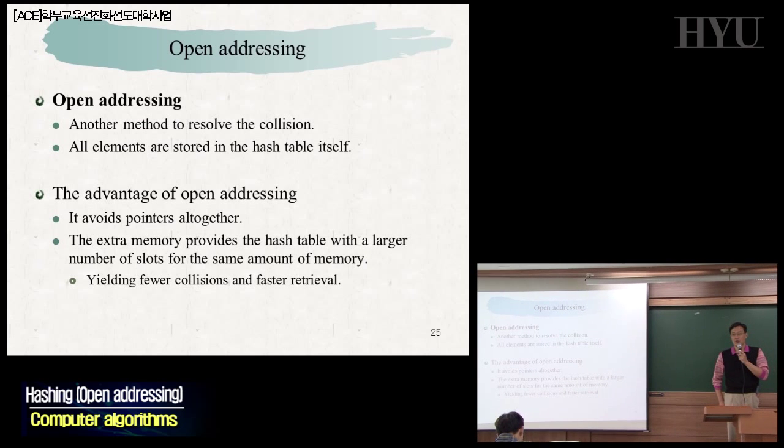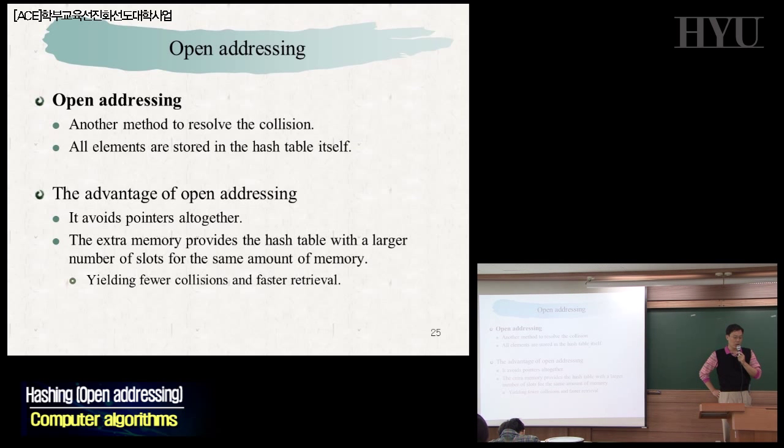We don't use linked lists because all elements are stored in the hash table itself. So it avoids pointers altogether. And the extra memory provides the hash table with a larger number of slots for the same amount of memory.